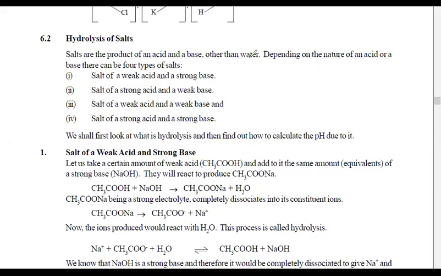We have discussed that we have 4 types of salts. Now we will start with the last one: strong acid, strong base. No hydrolysis. Agree, everyone?